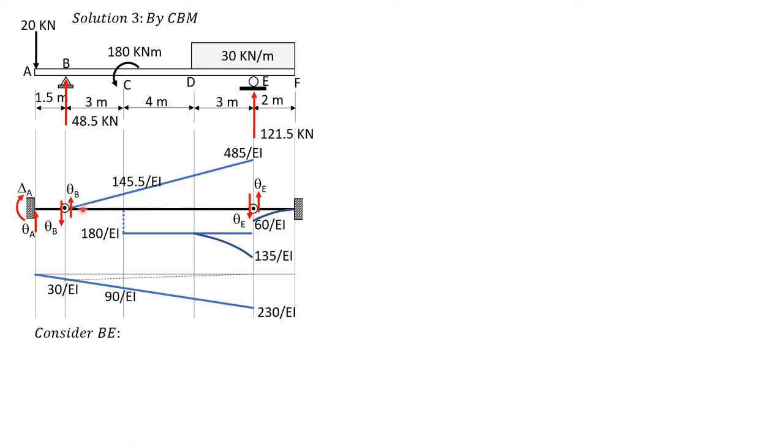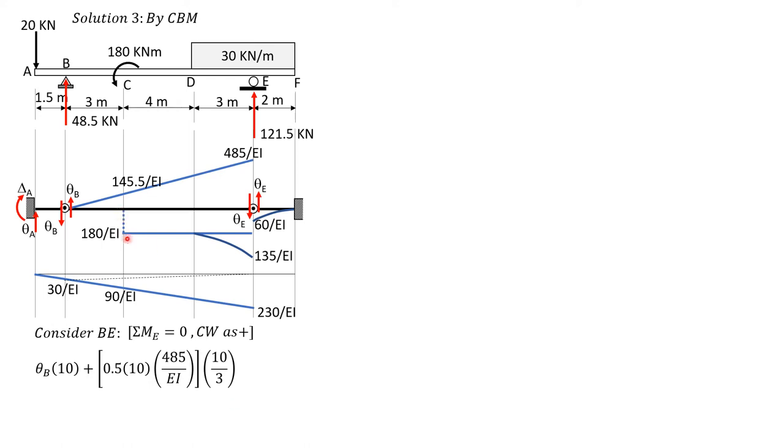So let's consider first portion BE. So we can solve theta E. So summation of moment about E equals 0, clockwise positive. So we have theta B times 10 plus the quantity moment of this area, 1/2 or 0.5 of 10 times 485 over EI times moment arm 10/3 or 1/3 of 10.